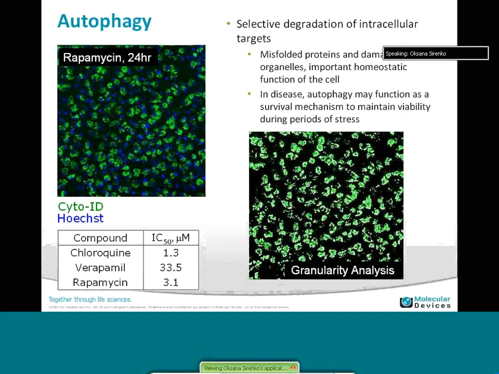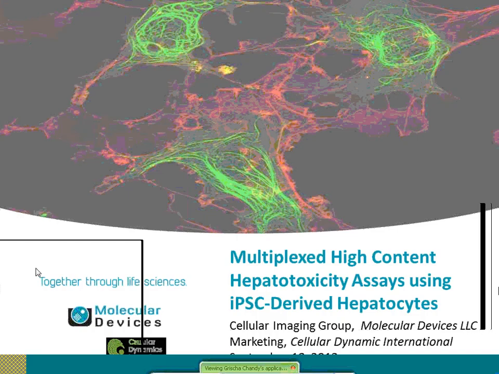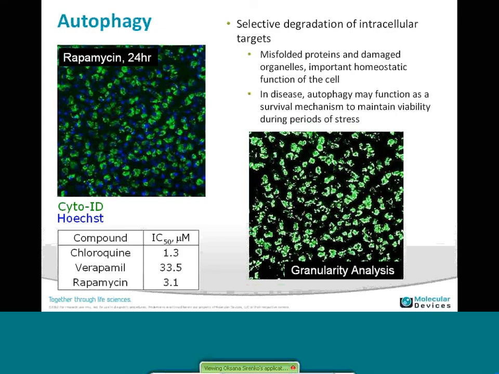Another interesting assay I'm going to describe is autophagy. Autophagy is selective degradation of intracellular targets, which could be misfolded proteins or damaged organelles, and this process is very important for homeostasis of the cells. It's especially important in disease or during starvation, and autophagy may function as a survival mechanism to maintain viability during periods of stress.